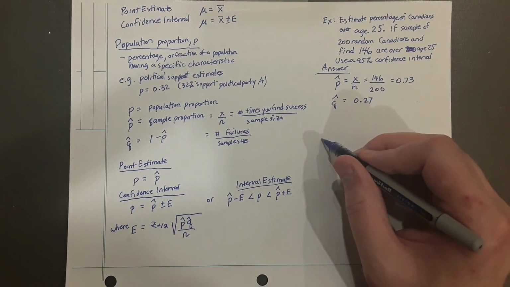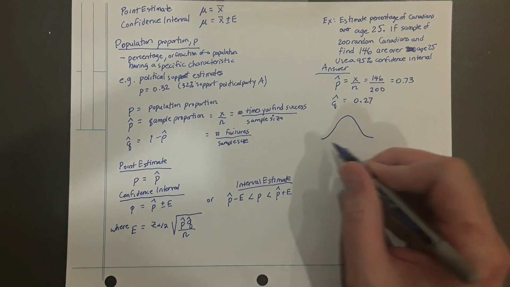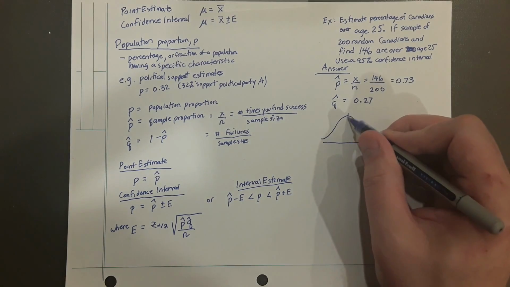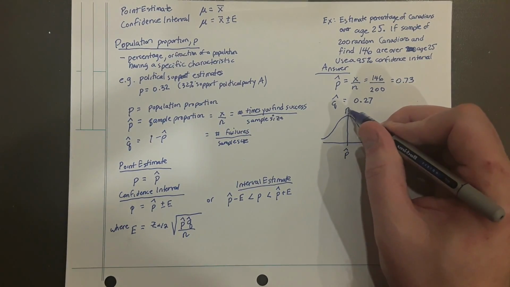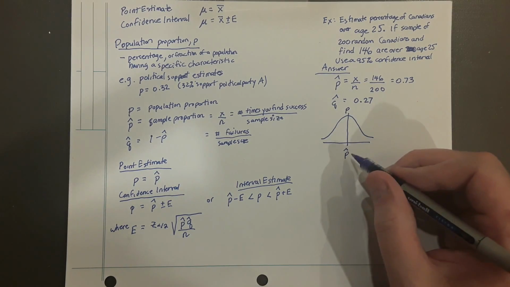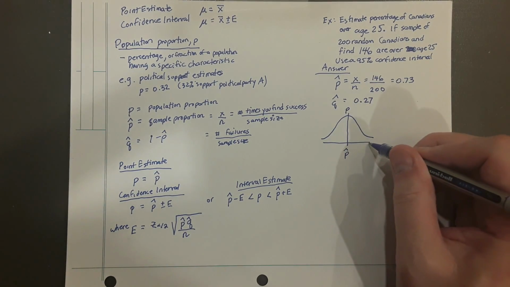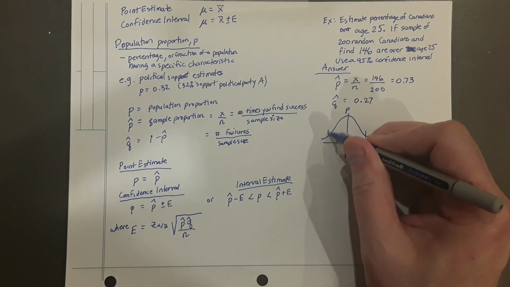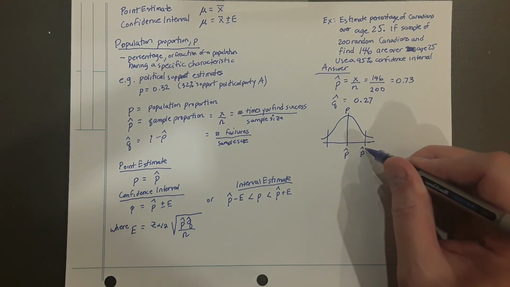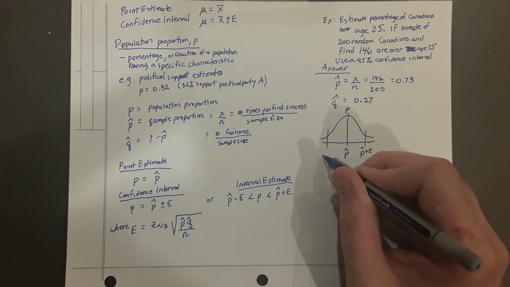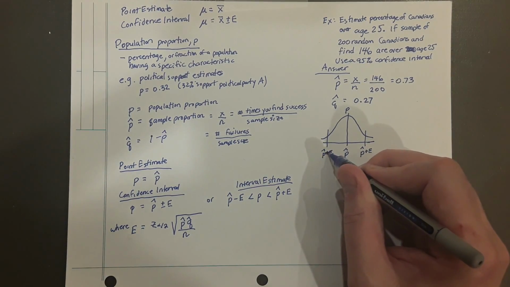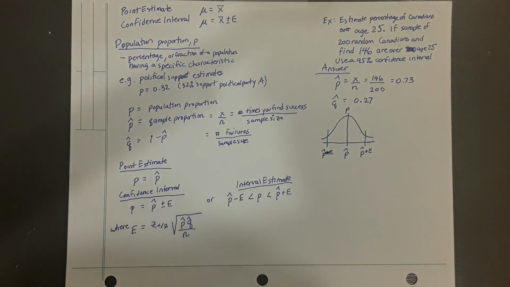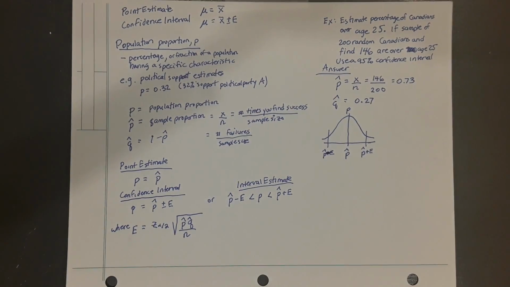And so we need a 95% confidence interval. Here we have our sample proportion P hat. We're trying to estimate the population proportion P, and we're doing this with a confidence interval of plus or minus the error.